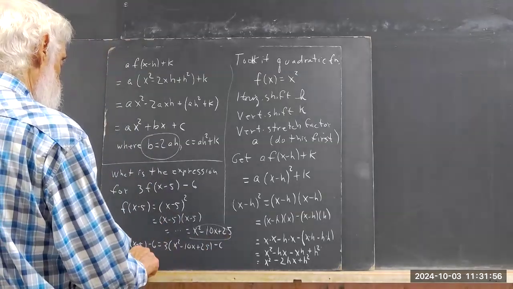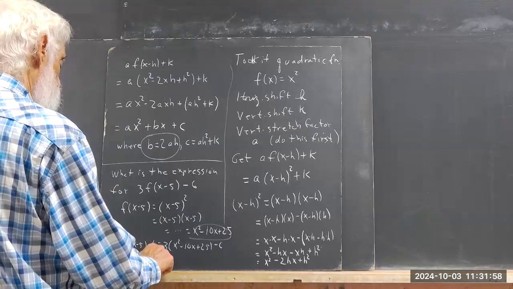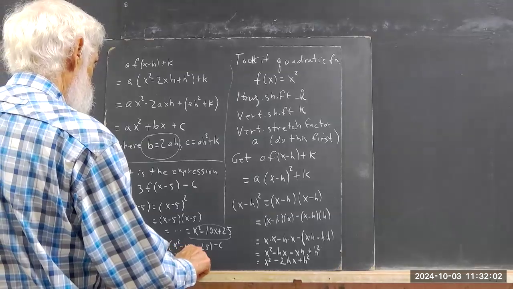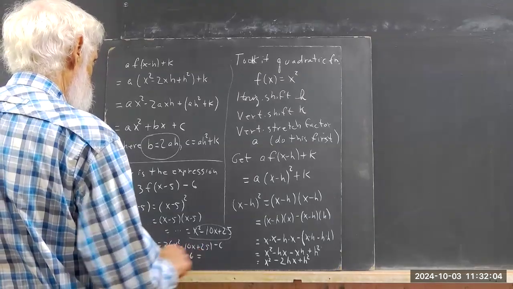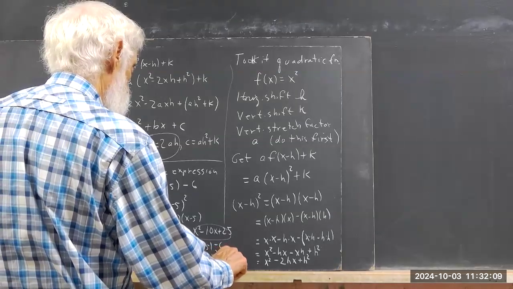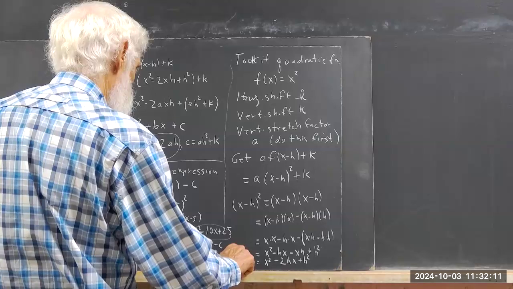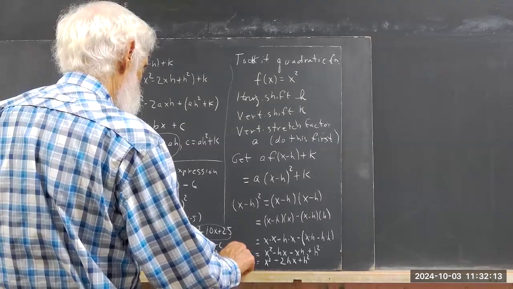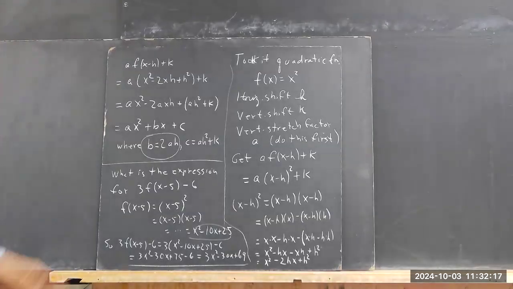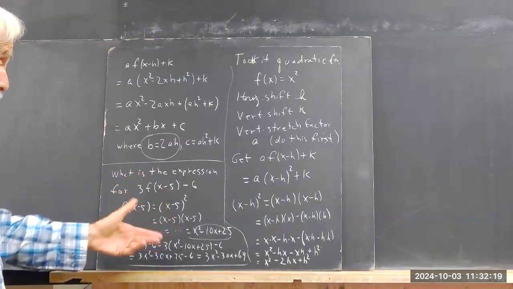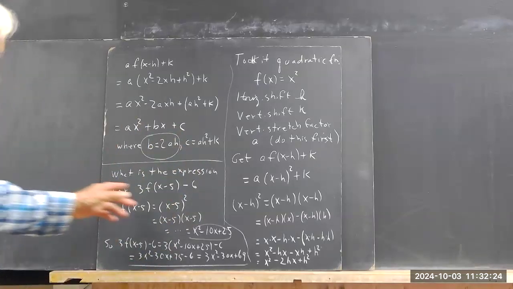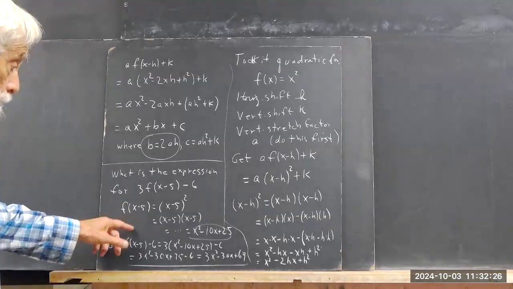And that comes out 3x squared minus 30x plus 75 minus 6. We can do 75 minus 6, and that's going to be 3x squared minus 30x plus 69. Okay, so your algebra needs to be up to work to do that very quickly. You have to understand the distributive law in order to do this.